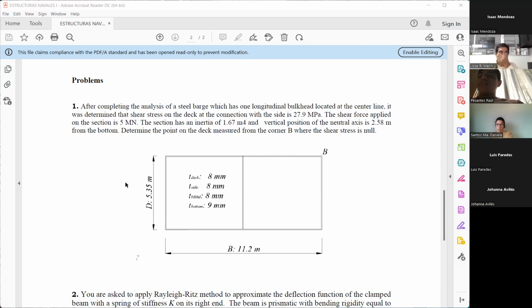The section has an inertia of 1.67 meters to the fourth, and the vertical position of the neutral axis is 2.58 meters from the bottom. Determine the point on the deck, measured from the corner B, where the shear stress is null.